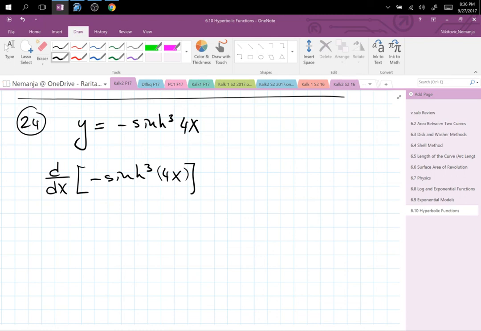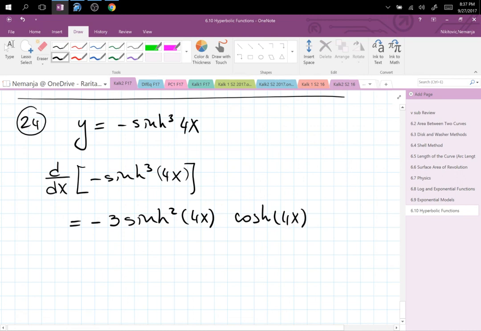We have to use chain rule, right? So we first deal with the cube. So this is going to be equal to -3 sine hyperbolic squared of 4x. And then the derivative of sine hyperbolic is cosine hyperbolic 4x. And then finally times 4.